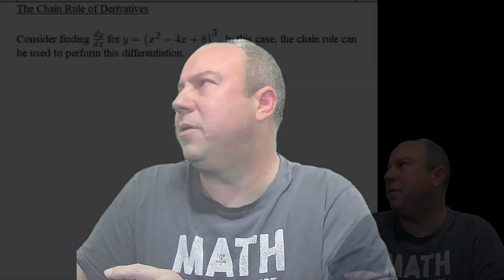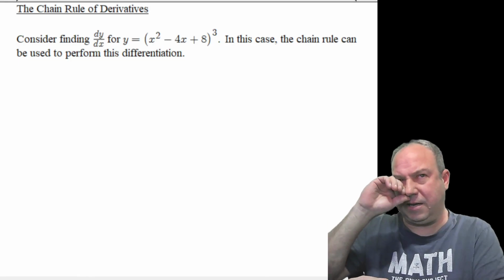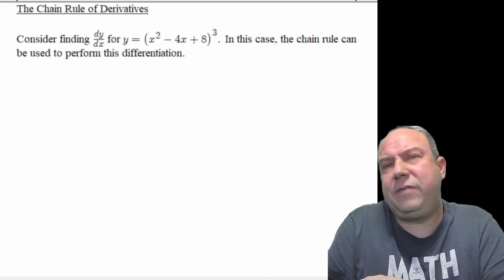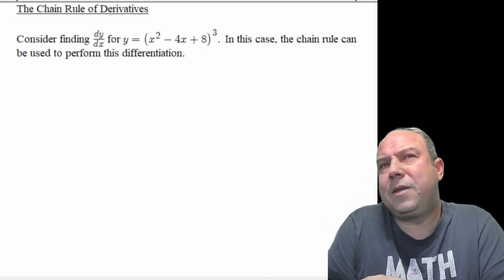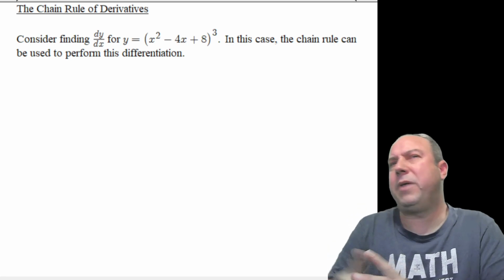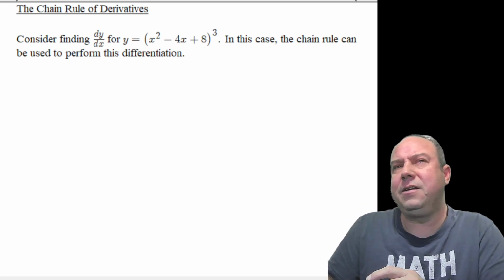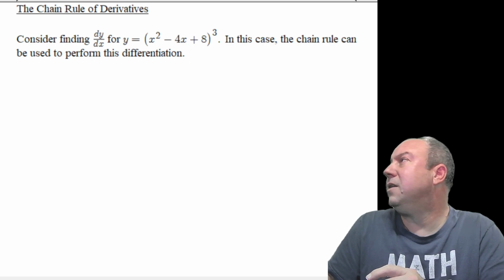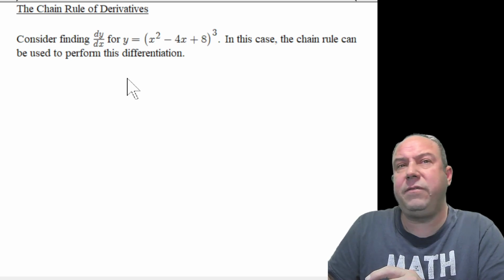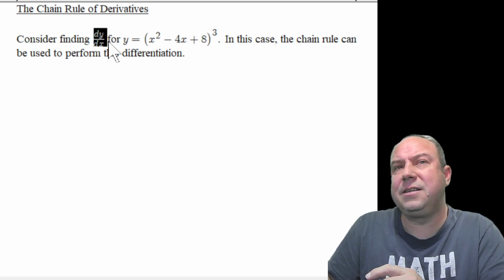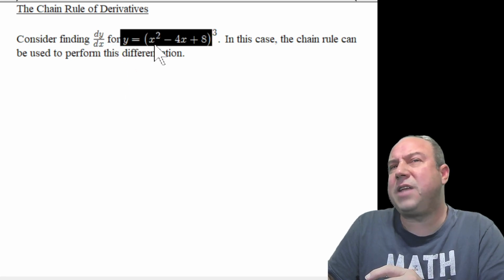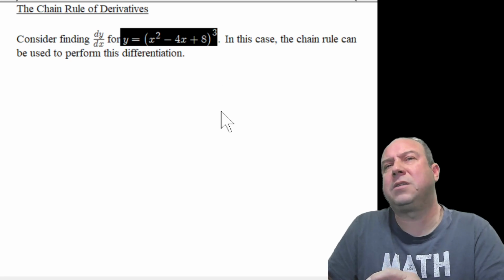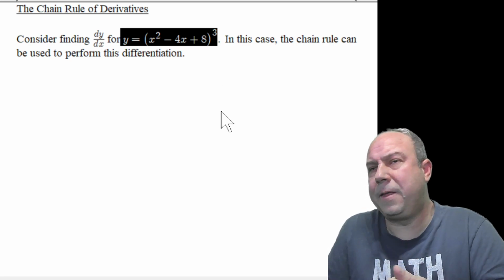And let me bring this up. This is our notes. This is what we're going to look at. This is the chain rule of derivatives. You can see here we open by noting, let's consider finding the derivative of y with respect to x for the statement y equals the quantity x squared minus 4x plus 8, quantity cubed.